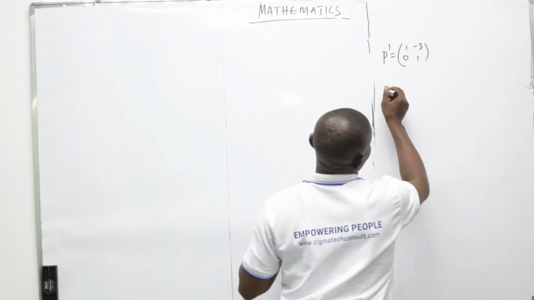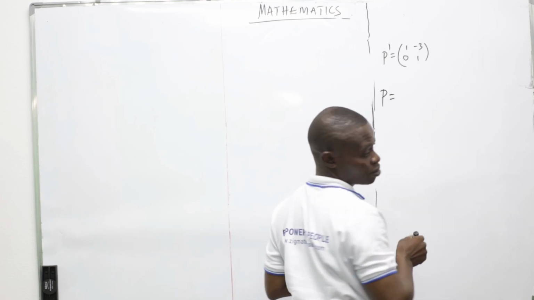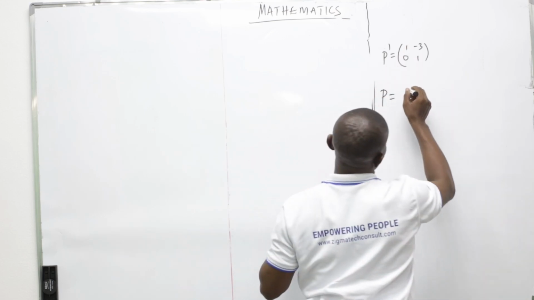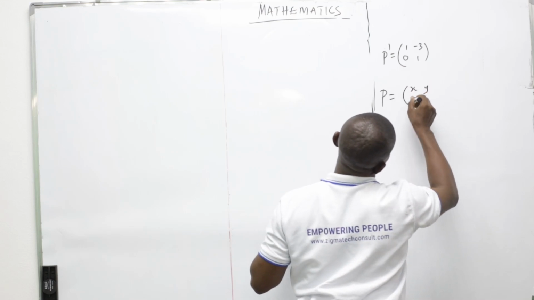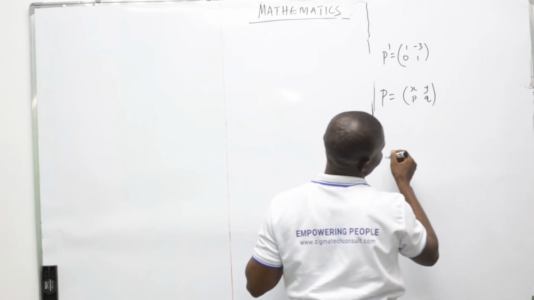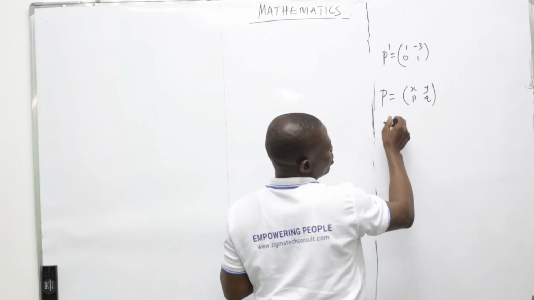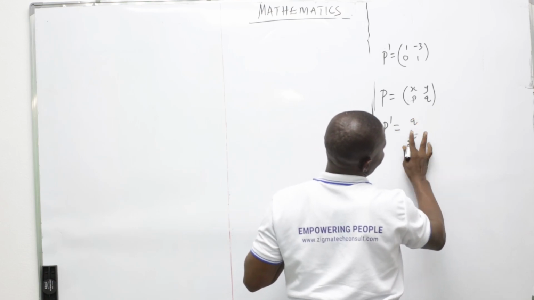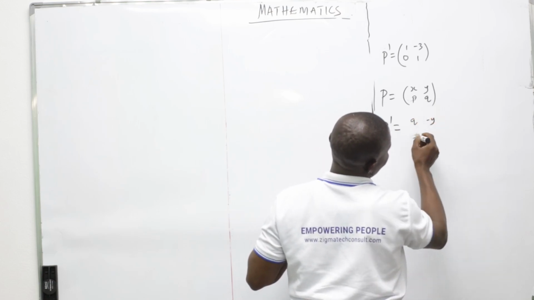Remember, if you have the original matrix, the inverse of it gives the original matrix. Let's say X, Y, P, Q. If this is the matrix, its inverse is a change of position, Q and X, then also attaching minus sign.